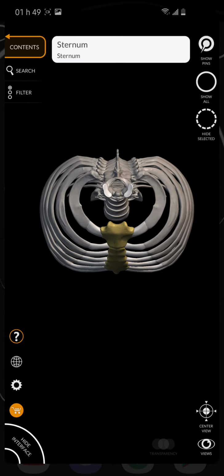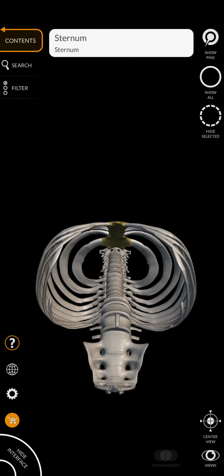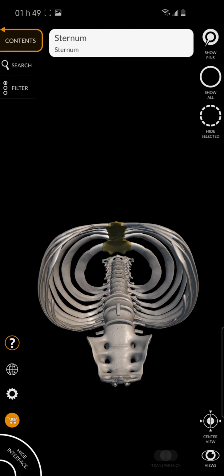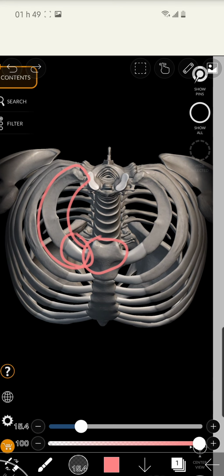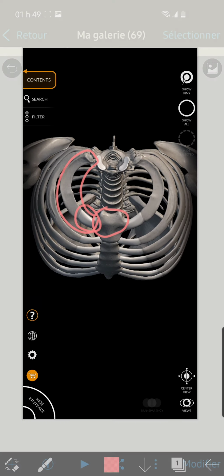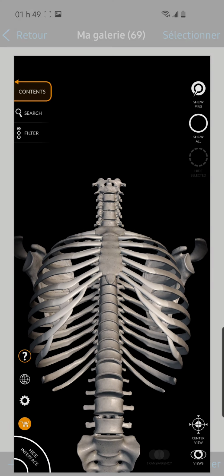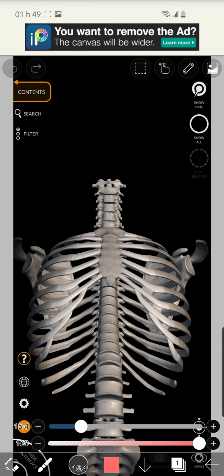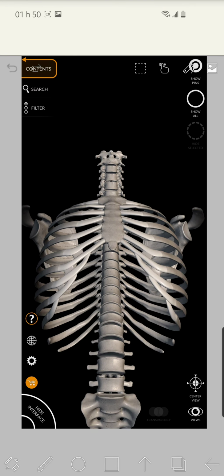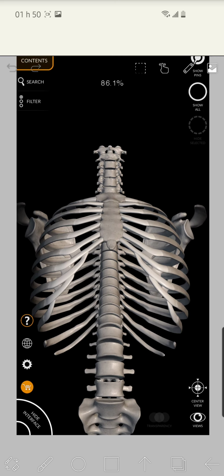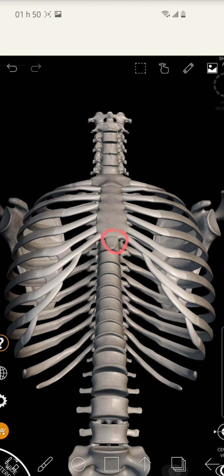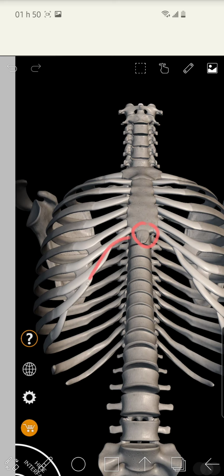All right, and then we have the outlet. So now we have the outlet. Here we again have the sternum, and we have the costal edge. This is like a cartilage.